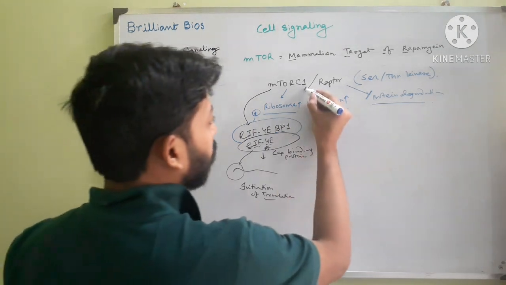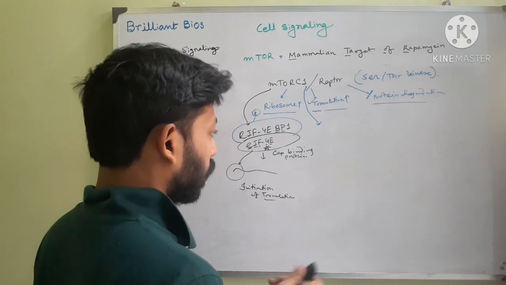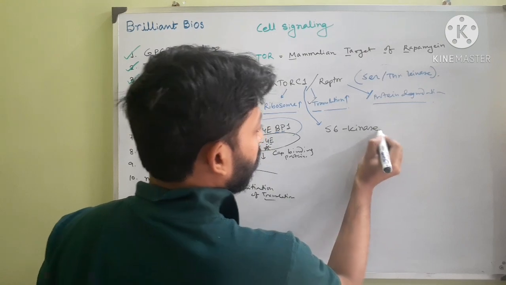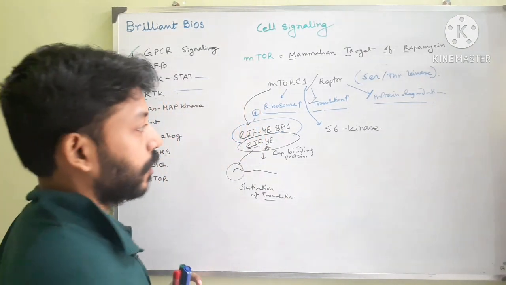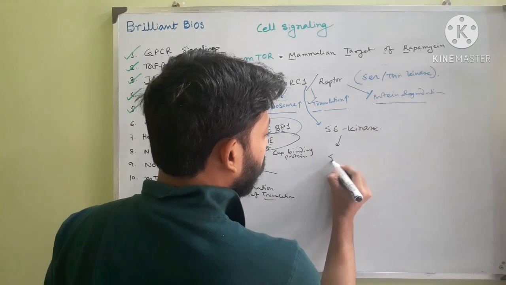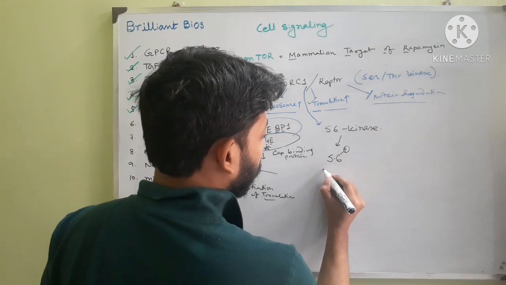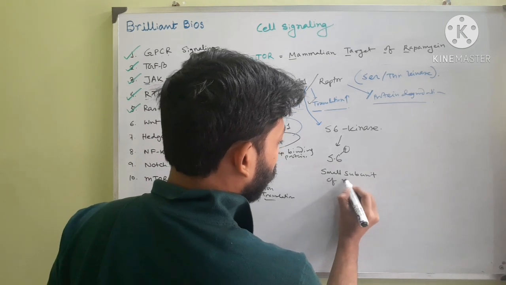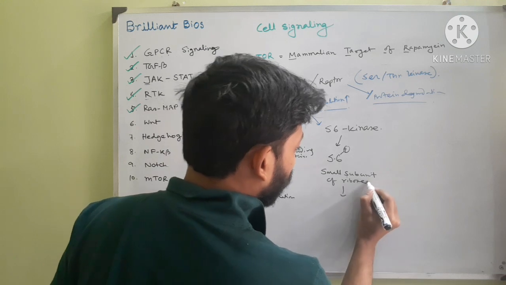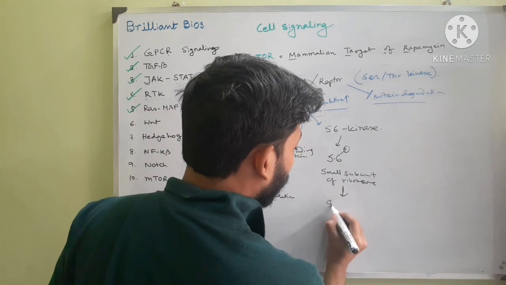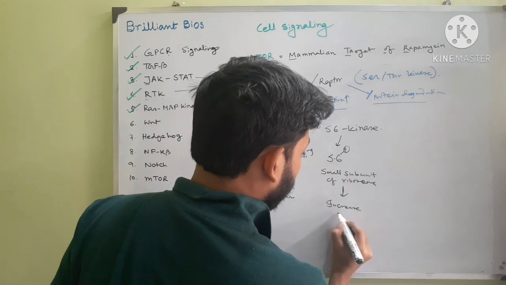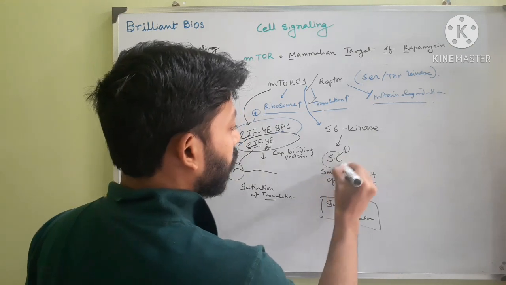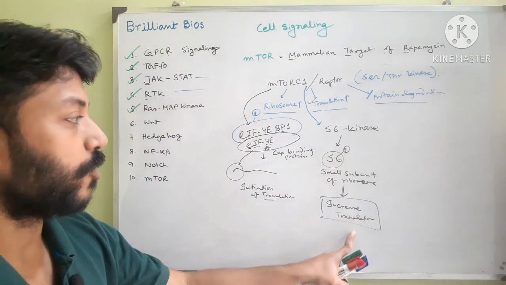Another thing, mTOR phosphorylates, or activates, another protein called S6 kinase. This S6 kinase can perform two functions. One is it phosphorylates S6, a protein that is present in the small subunit of the ribosome, and helps in the increase of translation, because we know the ribosome helps in translation. So when the S6 protein gets phosphorylated, it becomes active and helps in translation.